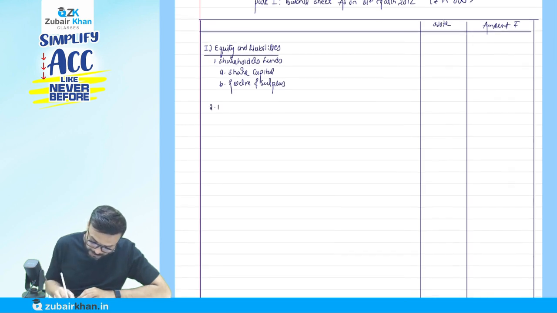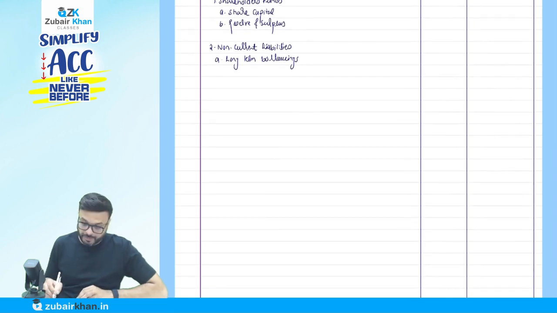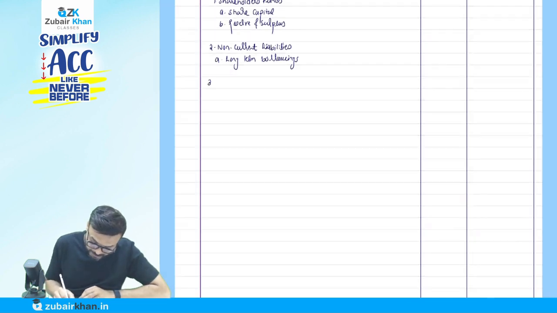Non-current liability. Long-term borrowings. Okay. Then here current liabilities. Current liabilities A, B, C, D and E.